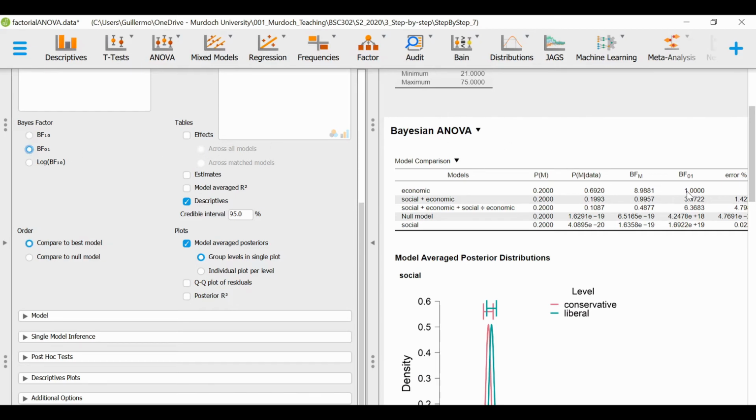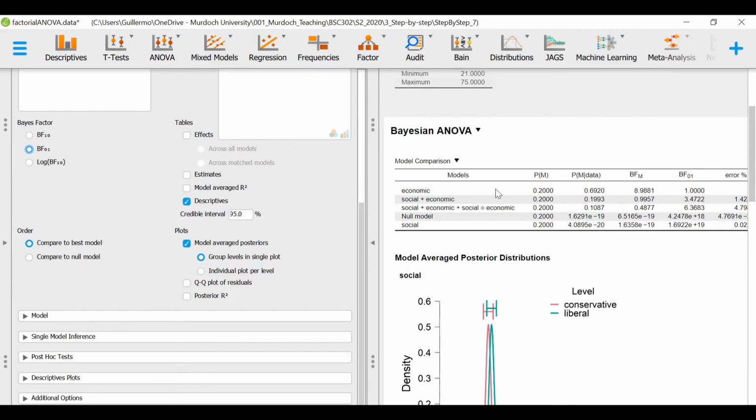Economic versus economic is not better at all, it's the same. But when you compare economic with social plus economic, the Bayes factor is 3.47. That means the model with the variable economic alone is better than if you add the social variable as well. If you add social and the interaction, the Bayes factor in favor of economic is 6.3.